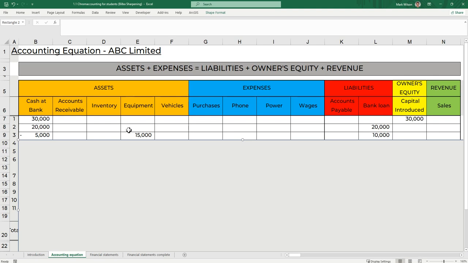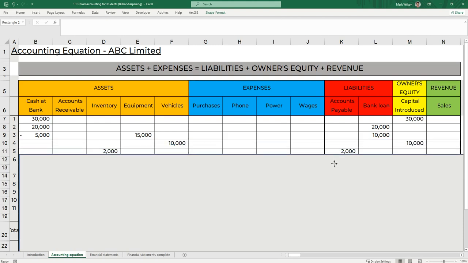So in this case, we bought $15,000 worth of equipment, paid $5,000 cash, so that's a negative to our bank account, and $10,000 as a liability. So 15 minus 5 is 10 on the debit side and 10 on the credit side.